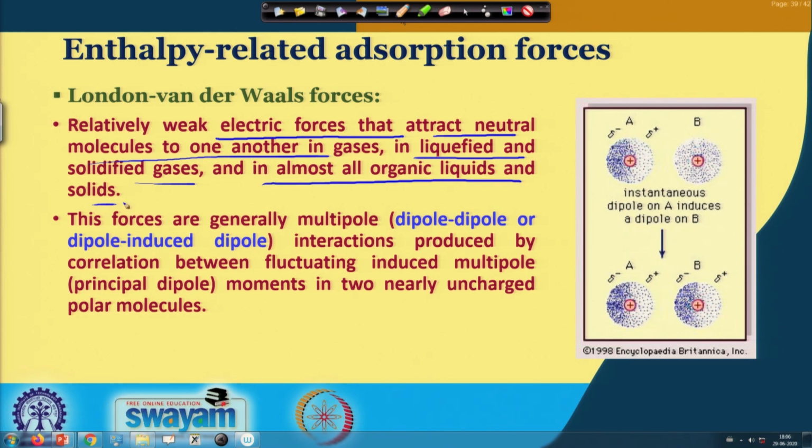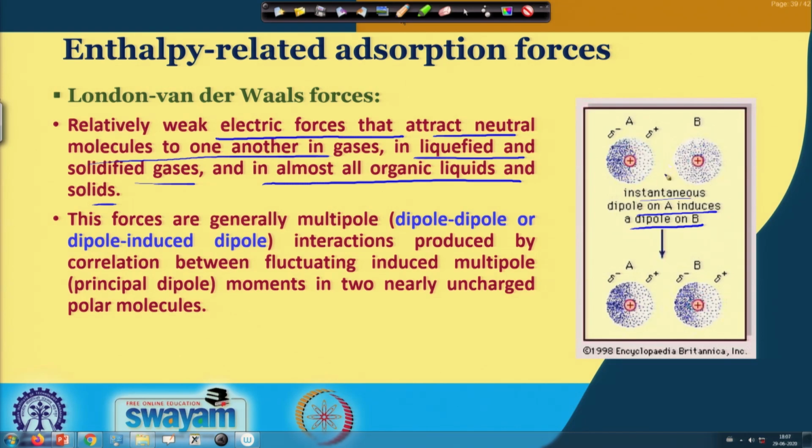Here you can see there are neutral molecules, and when there is an instantaneous dipole on A that induces a dipole on B, then there is an attraction. That is called the London van der Waals force.